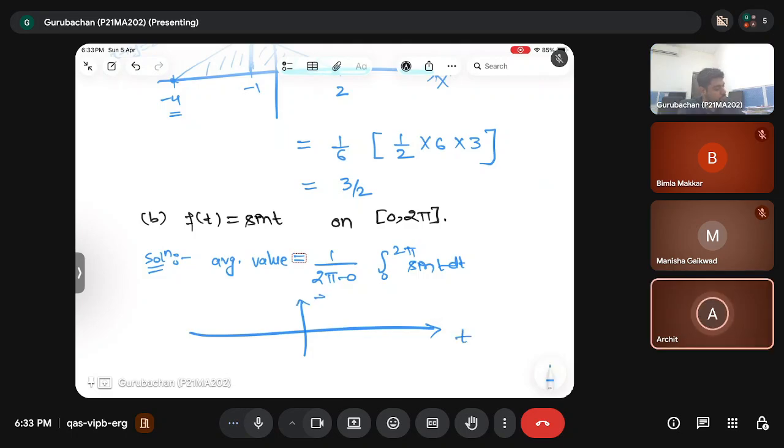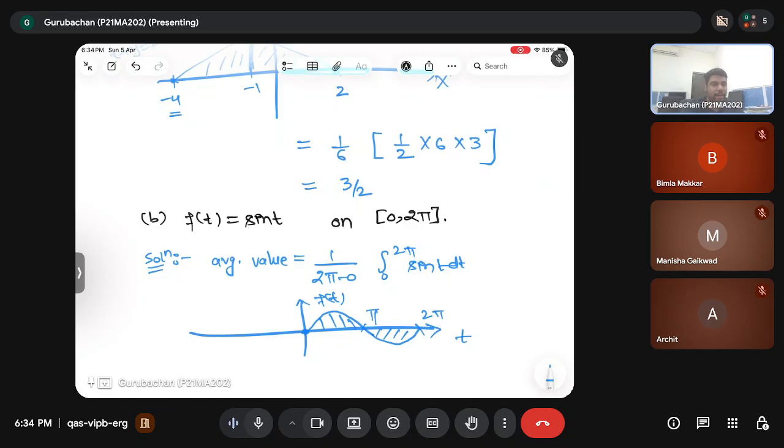From the graph, we can see this is the graph of sin x. Whatever area is occupied between 0 to pi, the other part is obviously the negative of that.